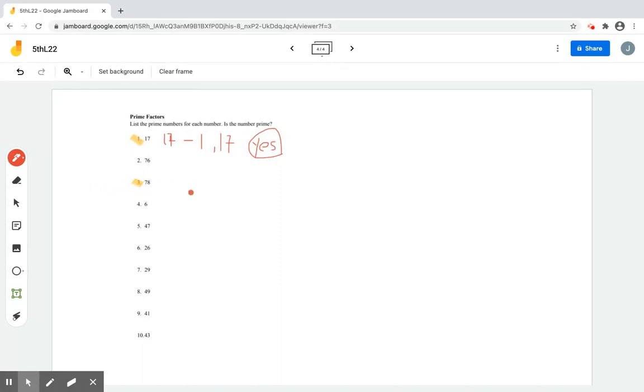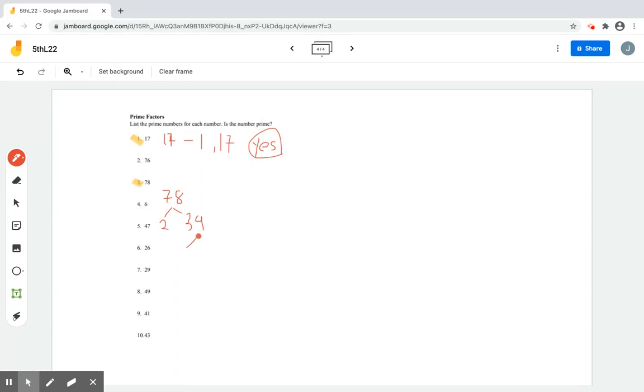And for 3, we have 78. This is a pretty big number. So we're going to do the factor tree. So first, 2 goes into 78, right? So we're going to write 2 here, which is a prime number. And 2 goes into 78, and we're going to get 39.